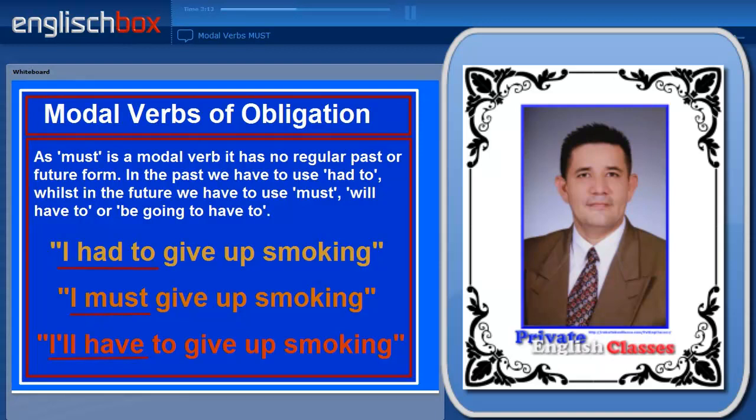To talk about obligation in the future, we have three options. We can simply use must, we can use will have to, or we can use be going to have to. For example, I have to give up smoking, I must give up smoking, or I'm going to have to give up smoking.